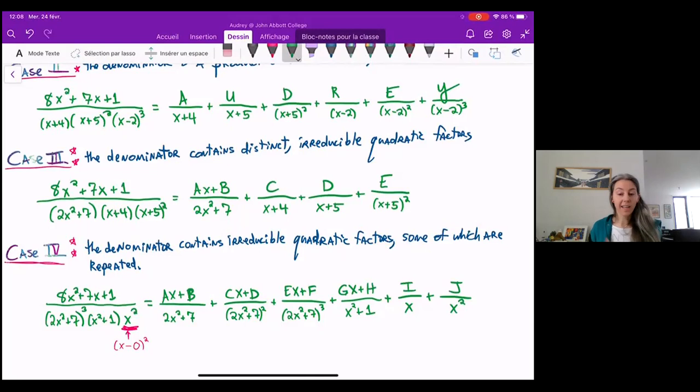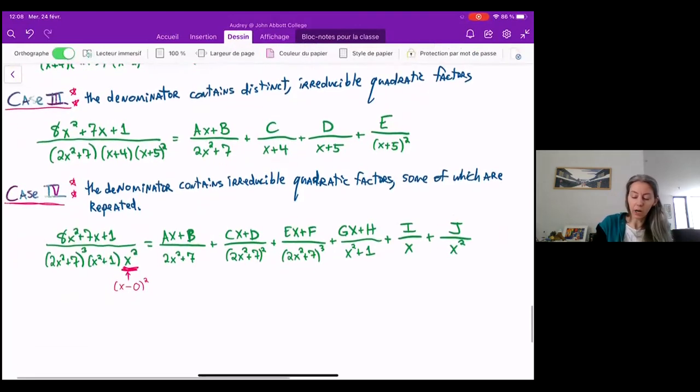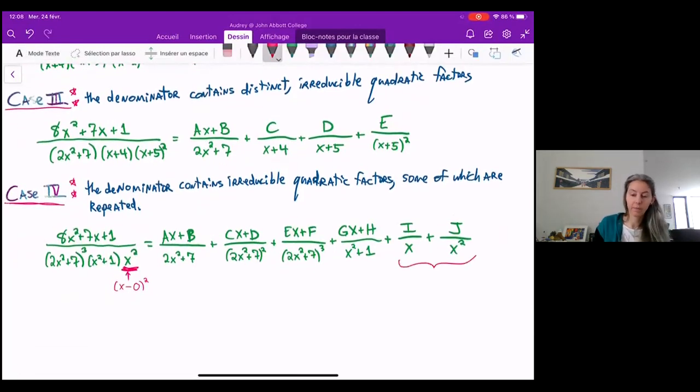Okay, so again, that x squared, you might accidentally put jx plus k, but no, that x squared, we're thinking of it as x minus 0 squared. We're thinking of it as being a linear factor. So I just want to talk briefly again about why that only gets a constant on top. Let's consider if we had thought of this as a quadratic factor. If I combine these two fractions, so in other words, if I do i over x plus j over x squared, well, to combine them, I would multiply by x over x.